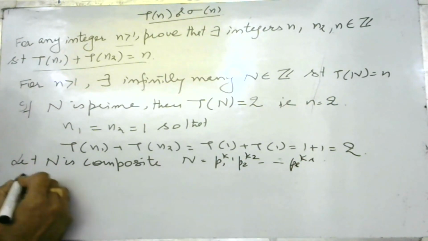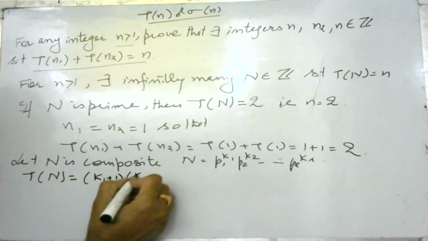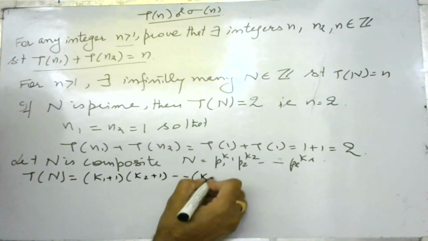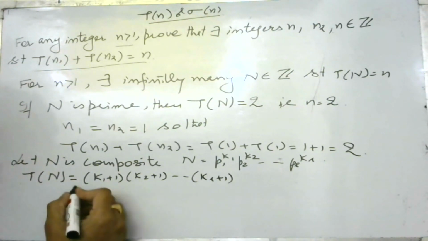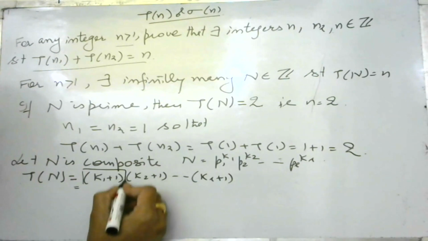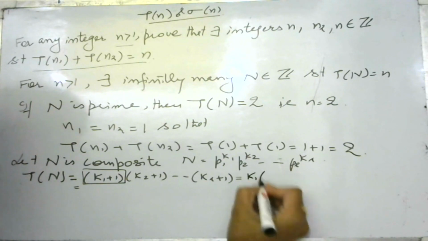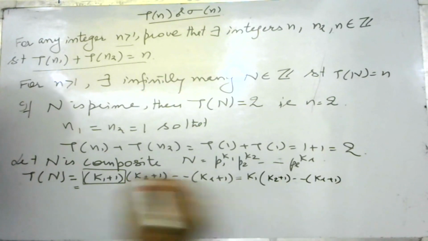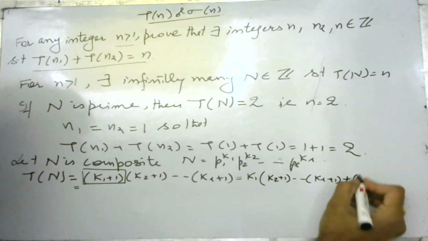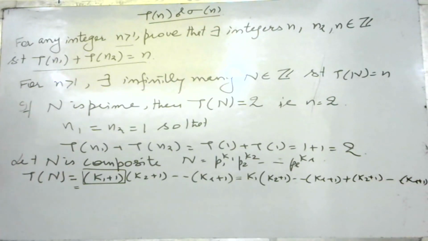Now very easily again we can write the value of tau of n, as from the definition it is k1 plus 1, k2 plus 1, and so on, kr plus 1, which may further be written as, if we expand the first factor only, k1 times (k2 plus 1) ... (kr plus 1) plus all these again, (k2 plus 1) to (kr plus 1). So we have this factorization.